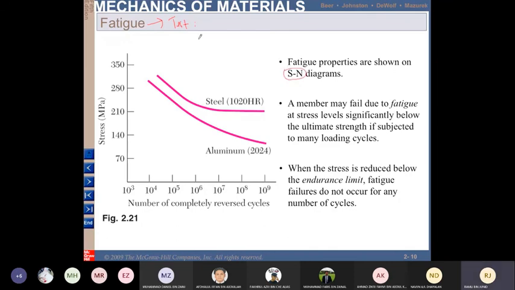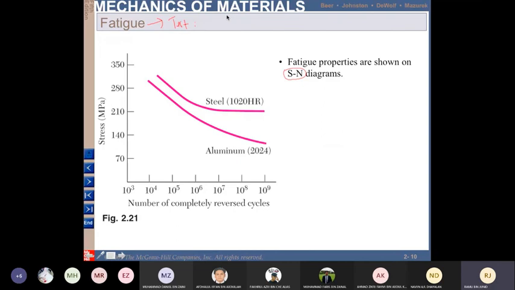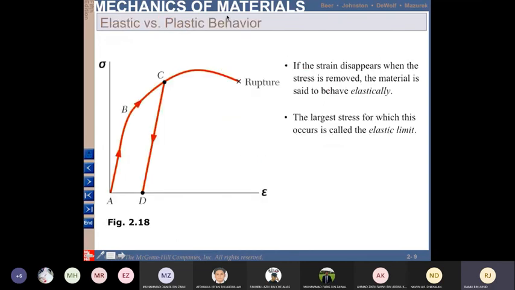Previously, with the stress strain curve, for example the tensile test, when you do the test, the graph will be shown in terms of stress over strain. This is stress, this is strain.